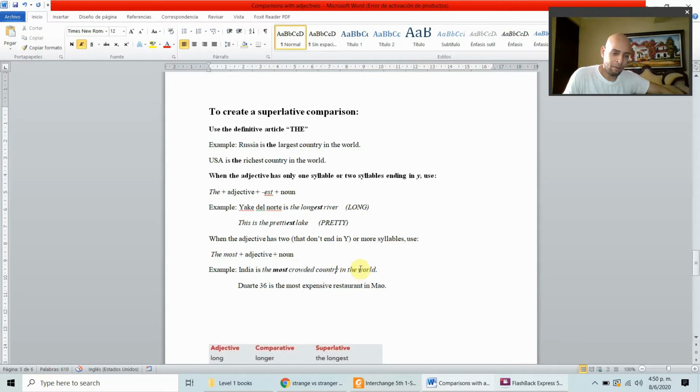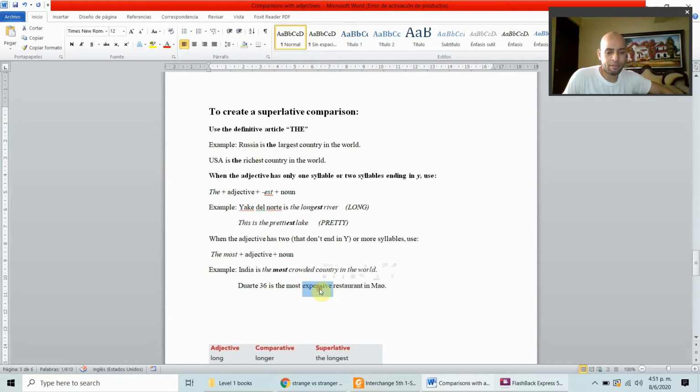Remember, when we compare with superlatives, we are comparing more than two nouns. Duarte 36 is the most expensive restaurant. In this case, yes, we have to use most with an adjective that has more than two syllables.